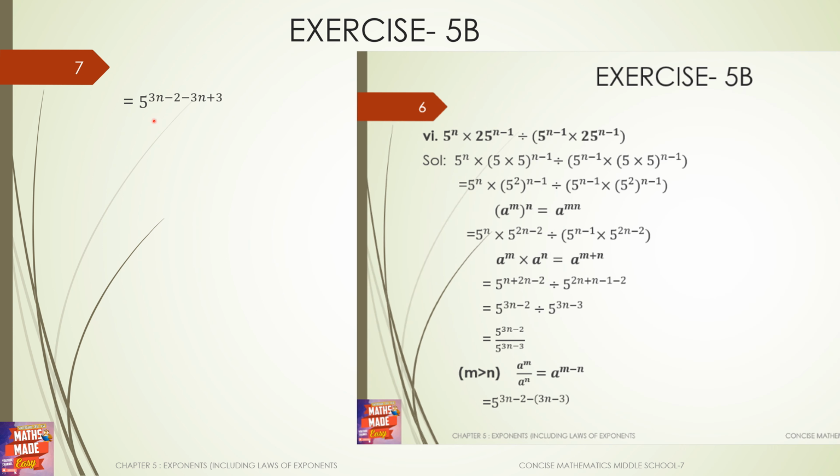So when you multiply inside, this is what you get: 3n minus 2 minus 3n plus 3. Now here it is plus 3 and minus 3n. Both get cancelled, and here one is positive, the other is negative. Put the bigger number's sign, that is plus sign, and subtract it. It will be 1. 5 to the power of 1. So 5 is the answer.